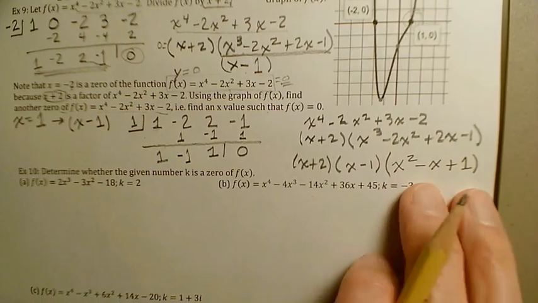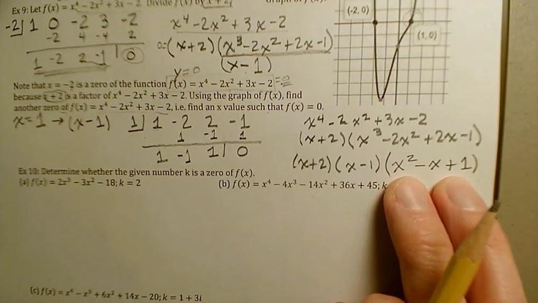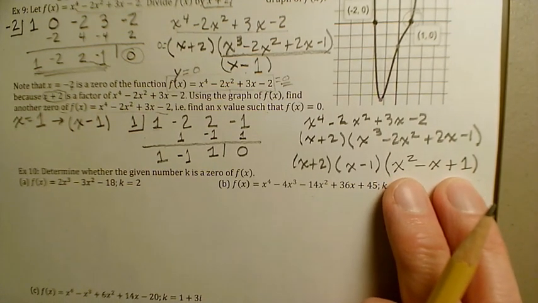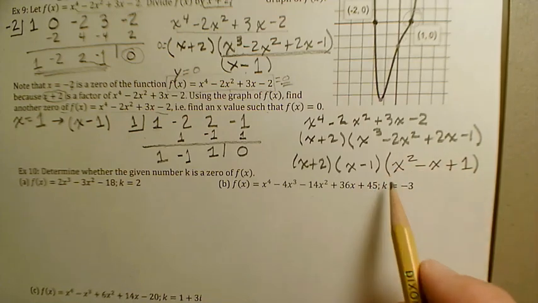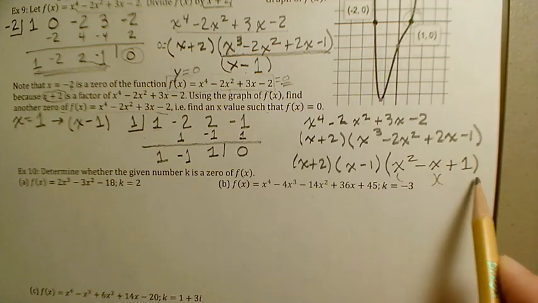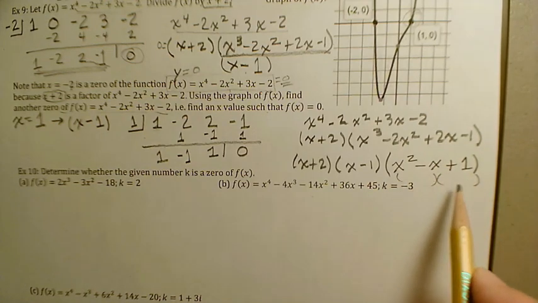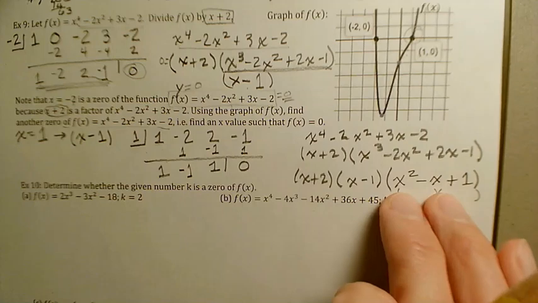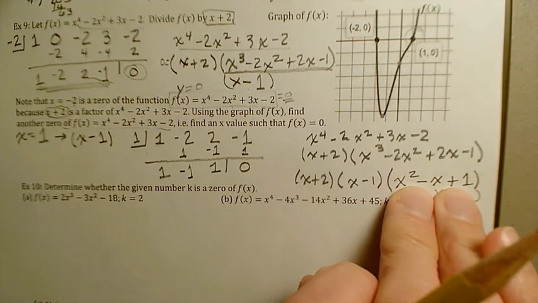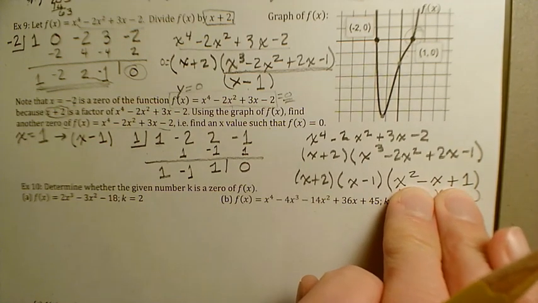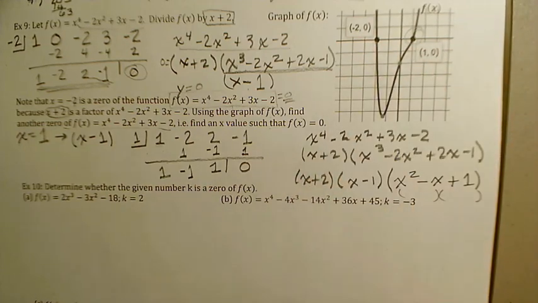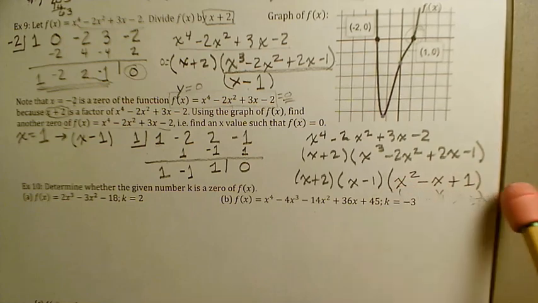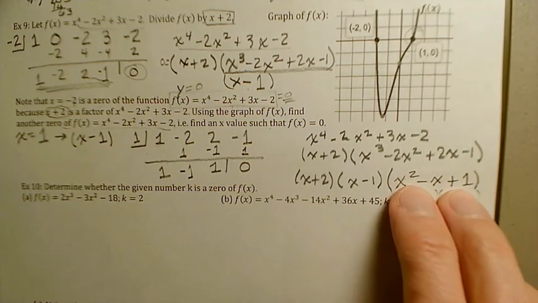Okay, now this is a quadratic. We know how to factor quadratics if it were factorable, and indeed this one is not factorable. But if this quadratic trinomial was factorable, we would be able to factor that again, and you would see more zeros up here, right? So if we were going to try to factor this further, it would not factor.